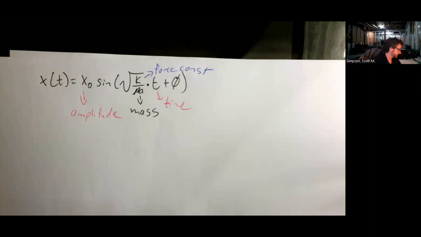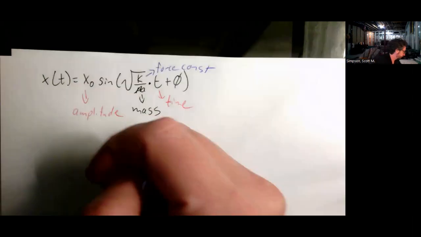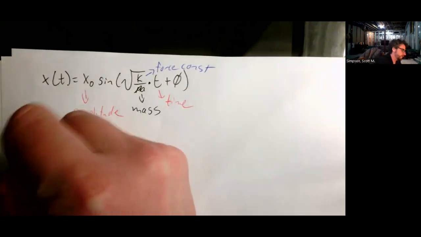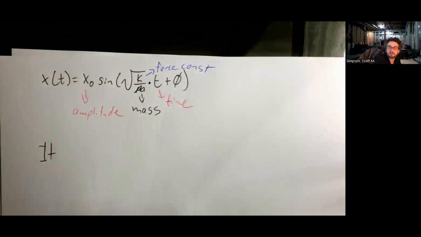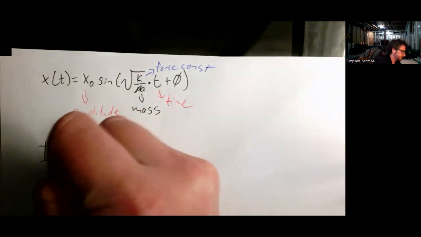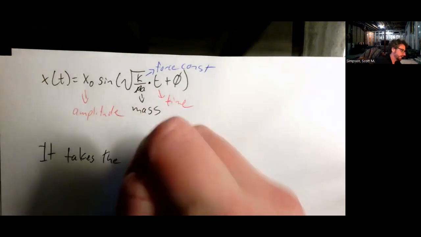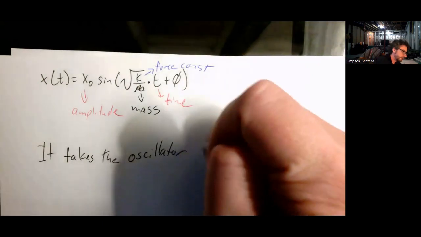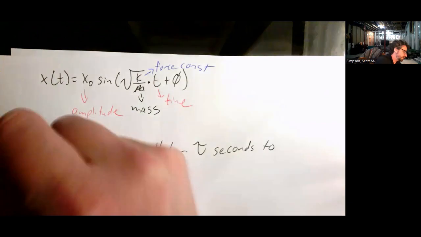So if we consider how much time it takes for this oscillator to complete a cycle, so basically go back and forth once, we're going to look at that oscillation time as tau. So it takes the oscillator tau seconds to finish a cycle.